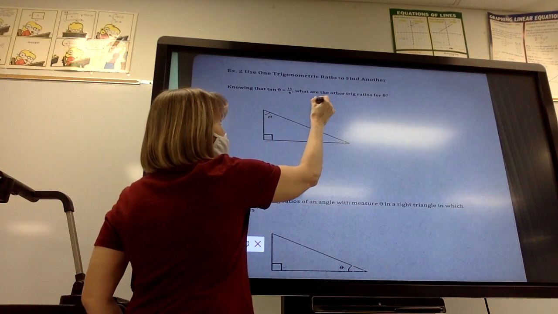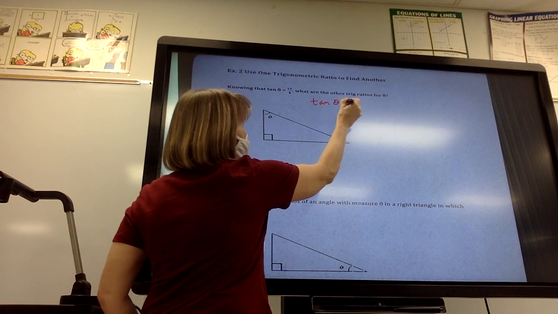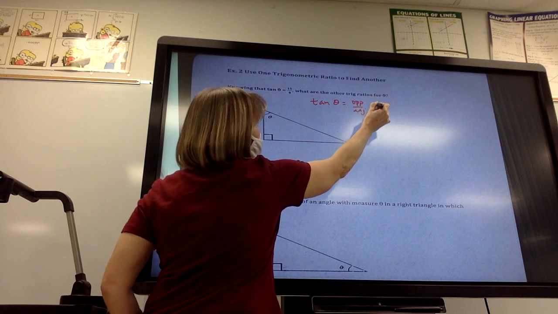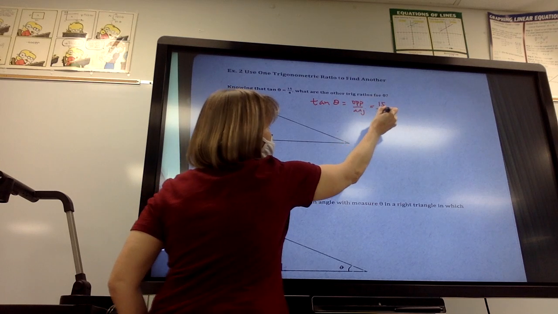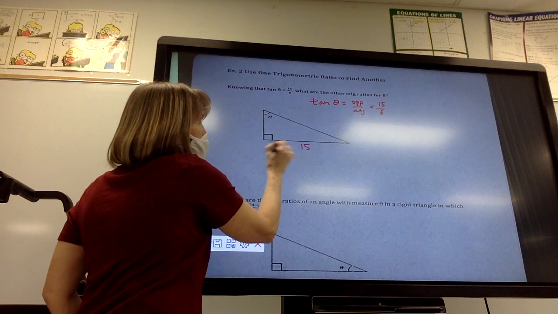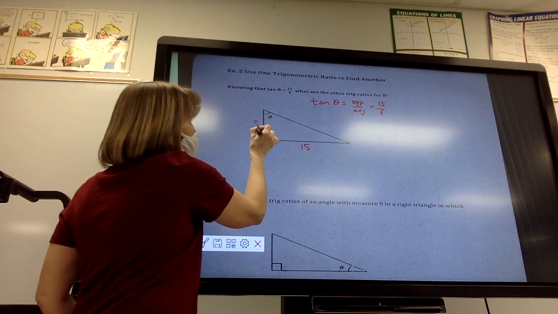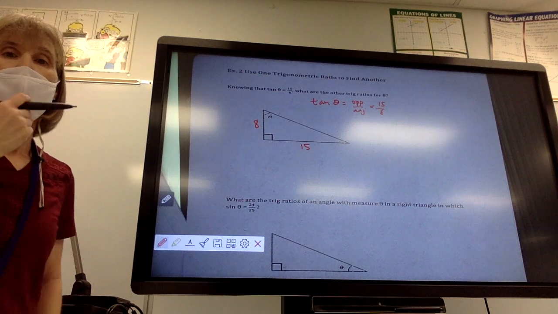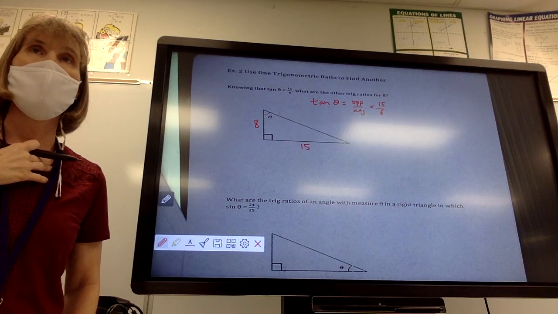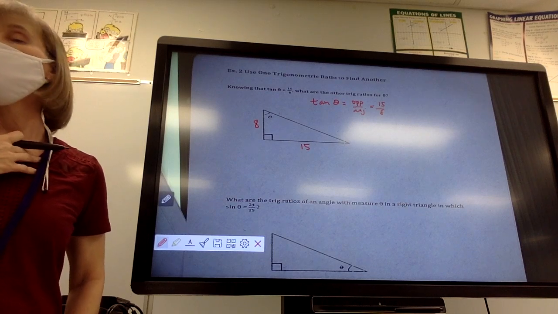Opposite over adjacent. Tangent again is opposite side over adjacent side. So if it's 15 over 8, the opposite leg to theta is going to be 15, and the adjacent leg to theta is going to be 8. Now, how would we figure out the hypotenuse based on what I know?